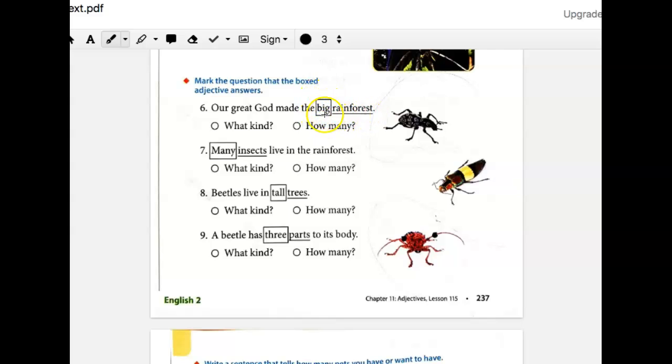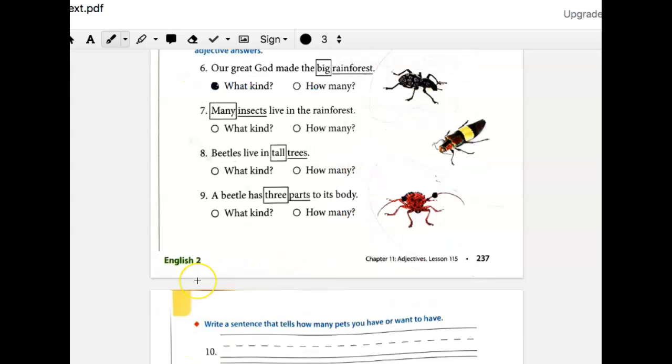But does the adjective big answer the question what kind or how many? The correct answer is what kind? Very good. So try the rest on your own.